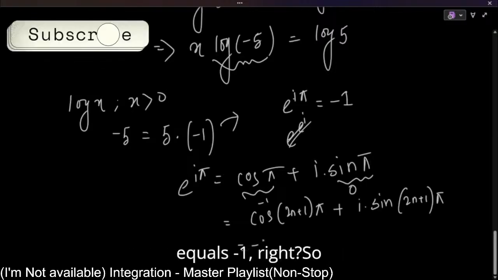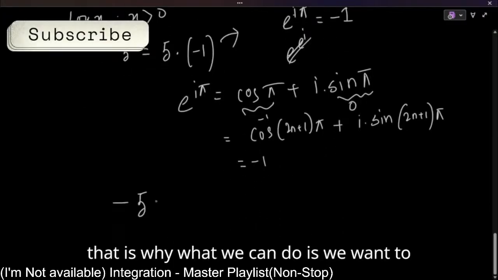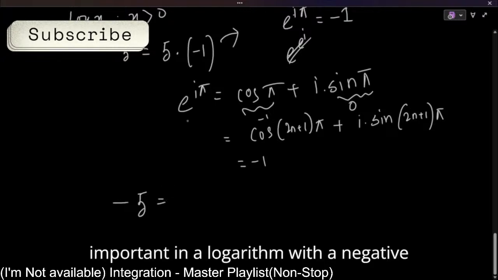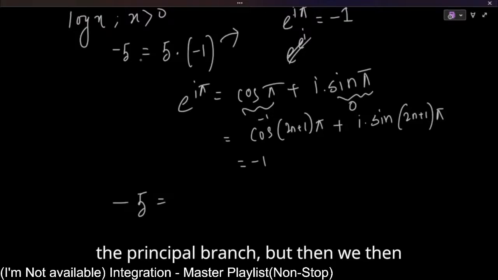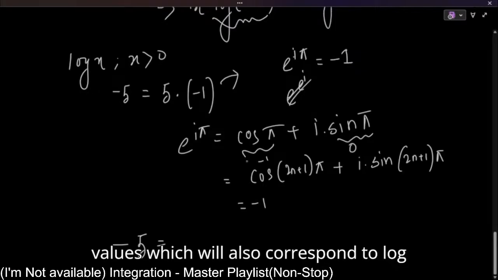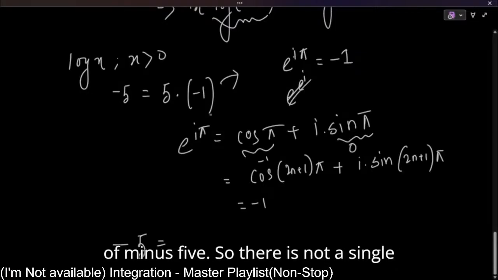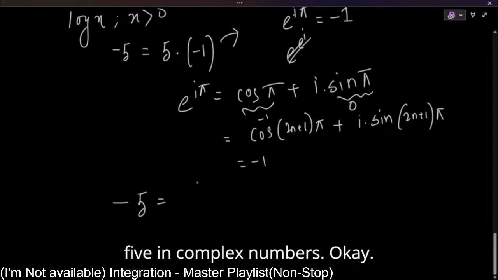So even this equals -1, right? That is why we want to generalize it for n, because that is important in a logarithm with a negative number inside it. We can take the principal branch, but we can also make several other values which will also correspond to log of -5. So there is not a single value which corresponds to log of -5 in complex numbers.